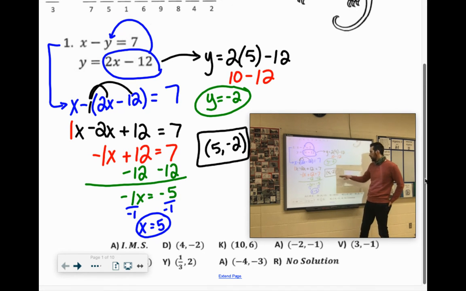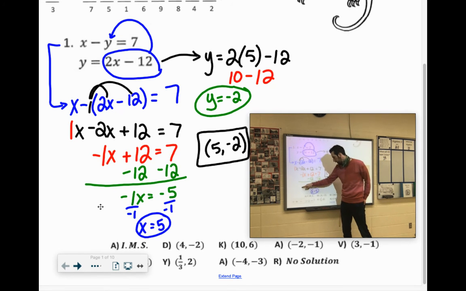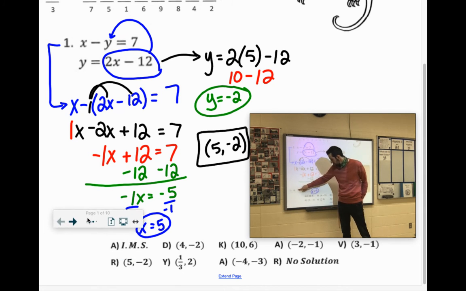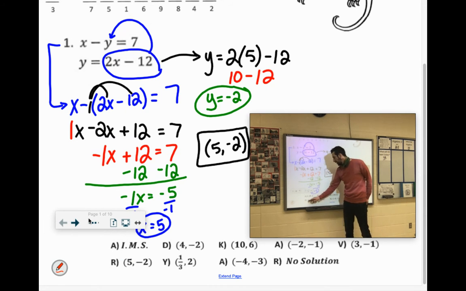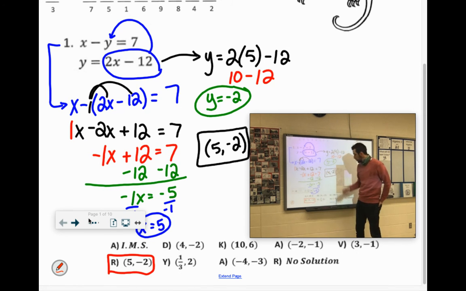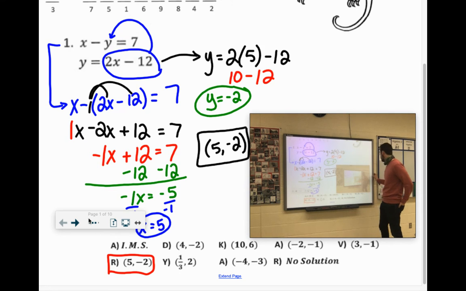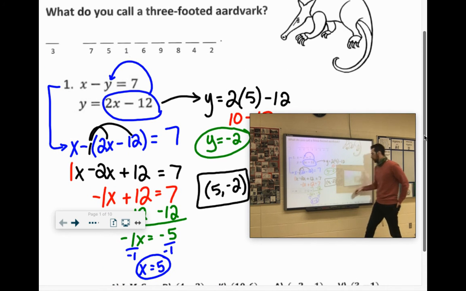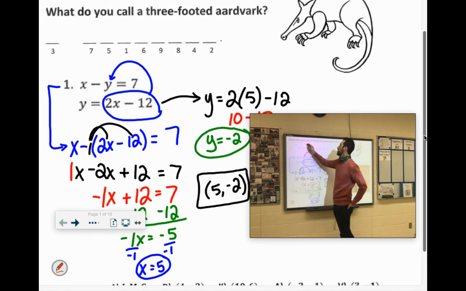So if you find the coordinate (5, -2), let me move this out of the way because I think that's covering it up. Okay, there it is. So look, (5, -2) corresponds with R. So this was number 1, and on the front, for the blank for number 1, we're going to put an R.